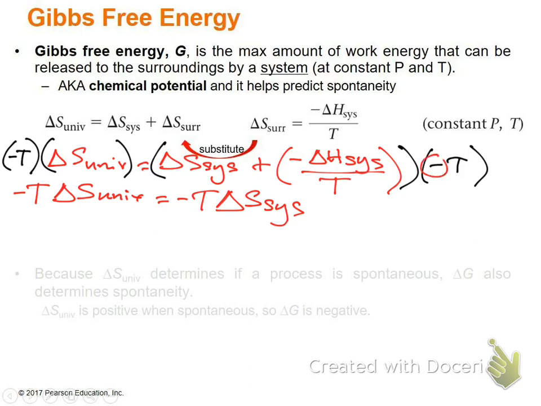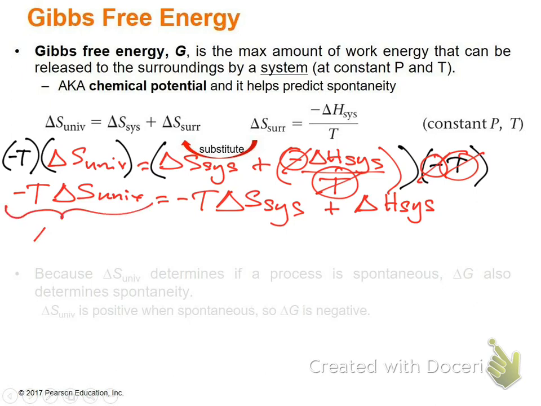Notice the negative here will cancel with this negative and turn into a positive, and the temperatures will also cancel, leaving you with plus delta H system. This function right here is the change in Gibbs free energy, which is delta G. So delta G becomes negative T delta S system plus delta H of the system.